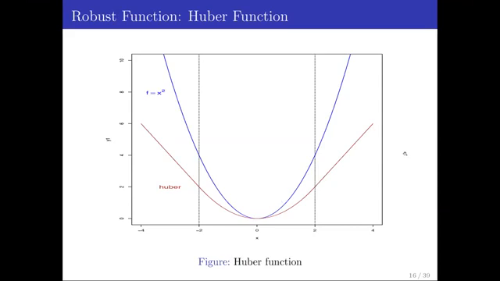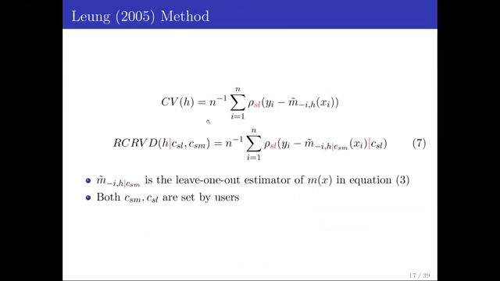Okay, by understanding these details, we rewrite the cross-validation equation CV as equation 7 shows, which is RCV. We see that the variable we still want to find is the optimal bandwidth h, and the extra variables are the 2 variables, CSL and CSM.